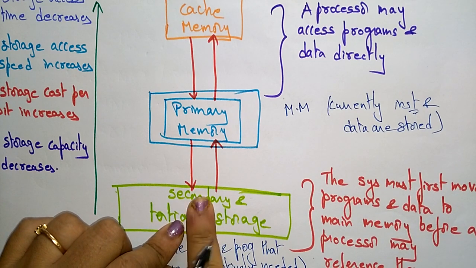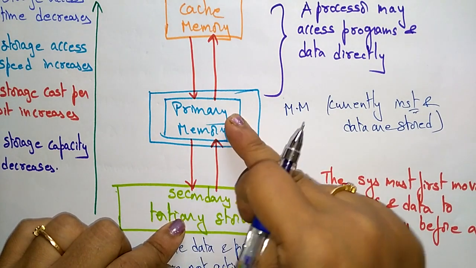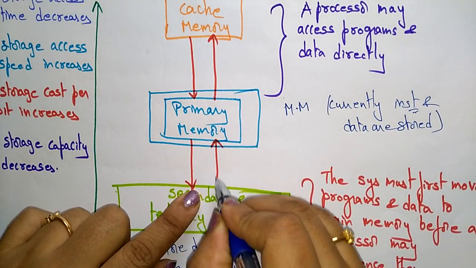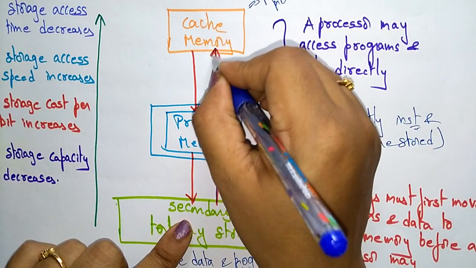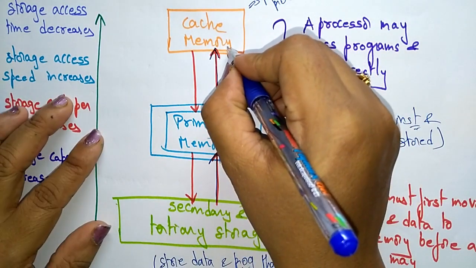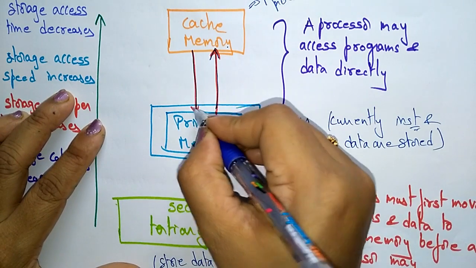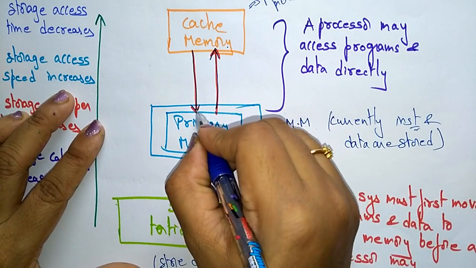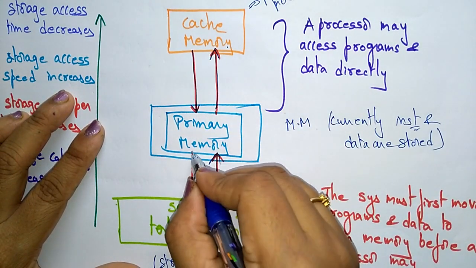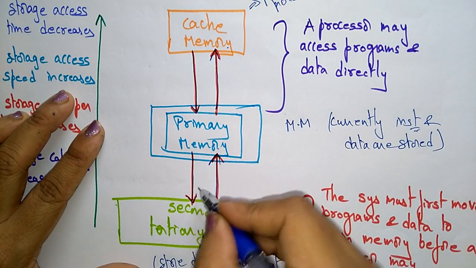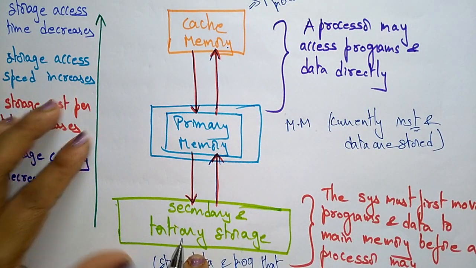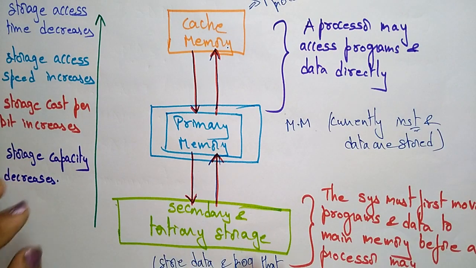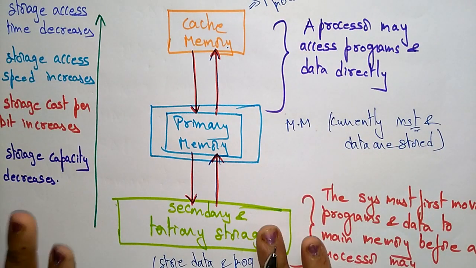That complete program will be transferred to the primary memory, and only the current instruction that has to be executed will be stored in cache memory. The result of the current instruction will be stored in primary memory, and the primary memory will send the complete executed data to the secondary storage. This is how the operations are done.